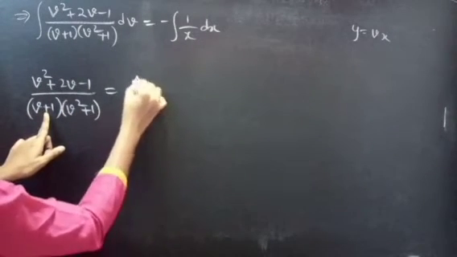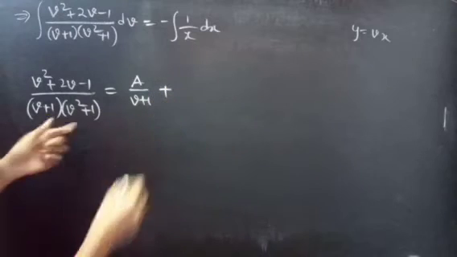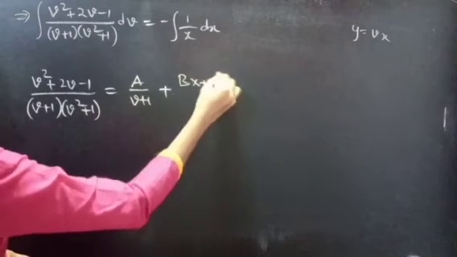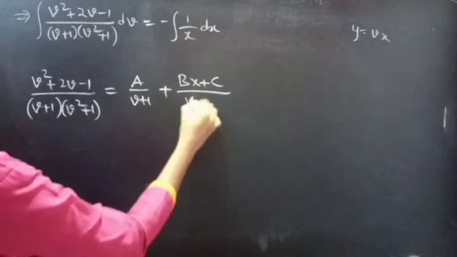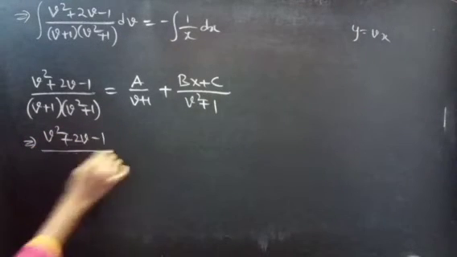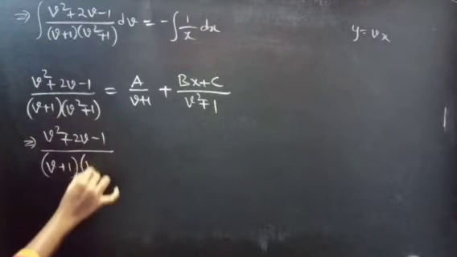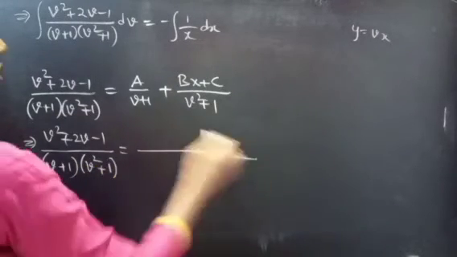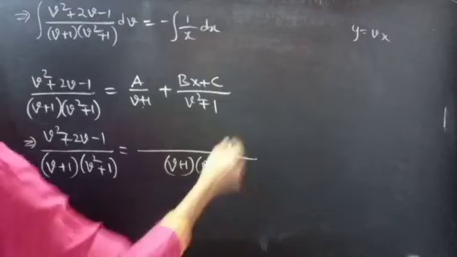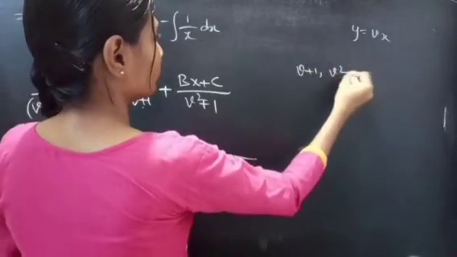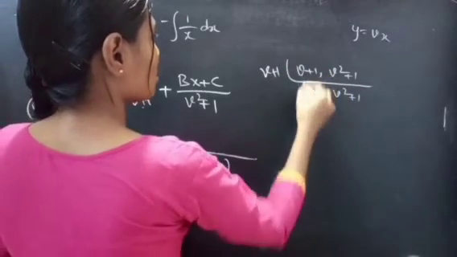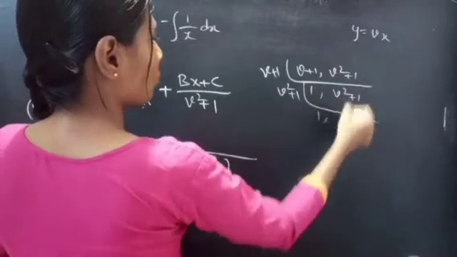Okay, a by linear term plus the second term you're having quadratic, so we'll get a linear term in the numerator by v square plus 1. Then (v square plus 2v minus 1) by (v plus 1)(v square plus 1) equals to, take the LCM. v plus 1, 1's are v plus 1, v square plus 1, 1's are v square plus 1.